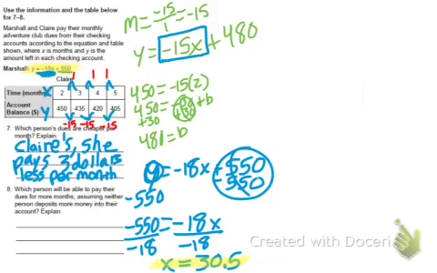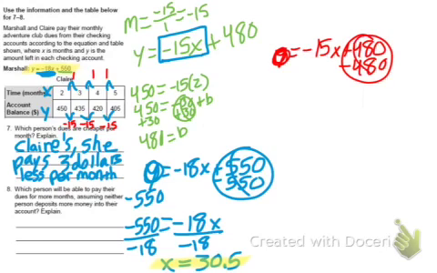Now let's look at Claire. Claire, y equals negative 15x plus 480, and we want to make y equal to 0. So when her money is 0. So here we just get x by itself. So subtract 480, subtract 480.